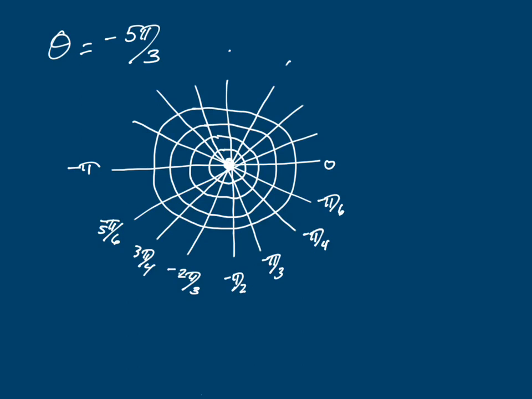Sorry, my brain stopped. Okay, this is negative 7 pi over 6, negative 5 pi over 4, negative 4 pi over 3, negative 3 pi over 2, and guess what's next? This is negative 5 pi over 3.